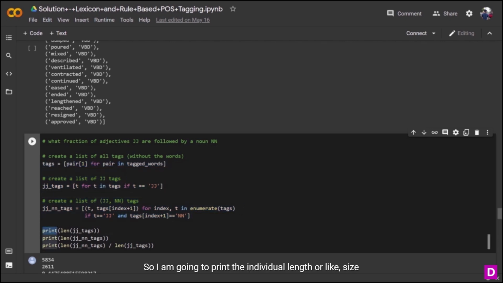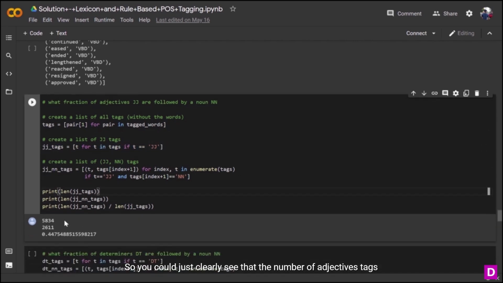I am going to print the individual length, or size, of the lists first. You can clearly see that the number of adjective tags in the given text corpus is 5834, and within that, 2611 elements are cases where JJ is followed by a noun, like an adjective tag followed by a noun.